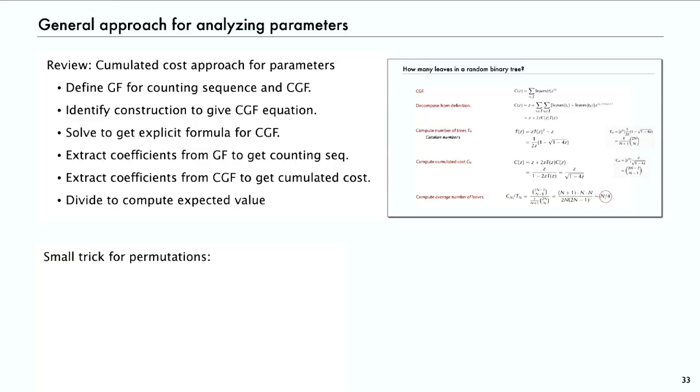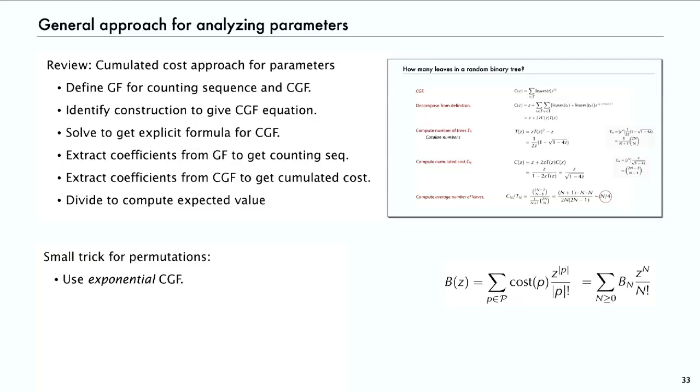Now for permutations, there's a small trick. There's also a small trick for strings we'll see next time. The first thing is we're going to use an exponential generating function for the cumulated cost.